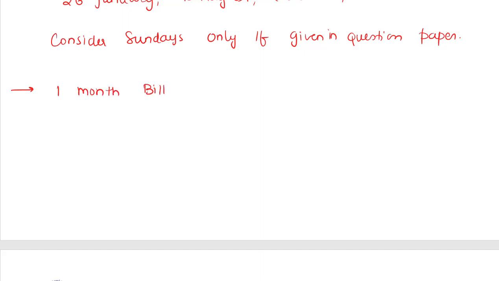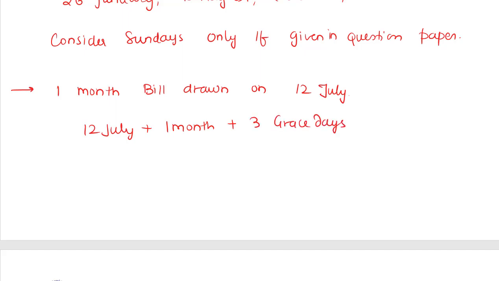One month bill drawn on 12th July. From 12th July to 1 month, 12th August, plus 3 days of grace. So 12th July plus 1 month plus 3 grace days is 15th August.